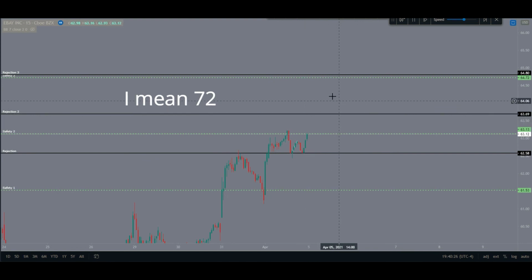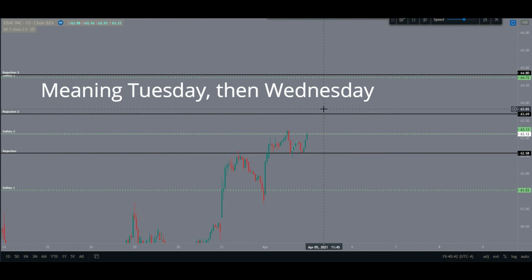And this has to occur very early in the day. I want to be up here past 10:30 in the morning. Now, if at 10:30 on Monday we're up here and it's struggling, just wait until Tuesday, because it might want to come back down here for buyers to get back in again.